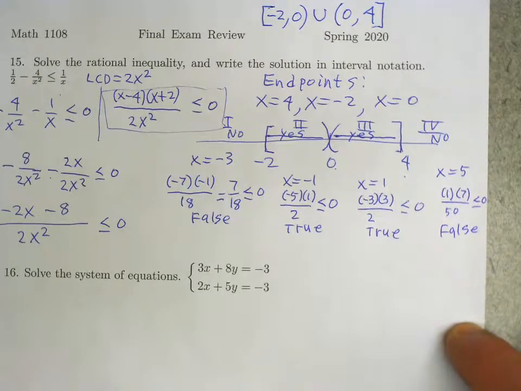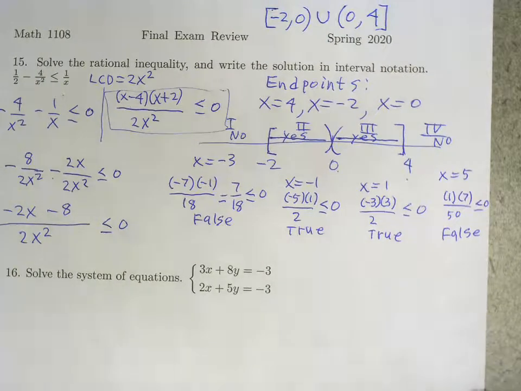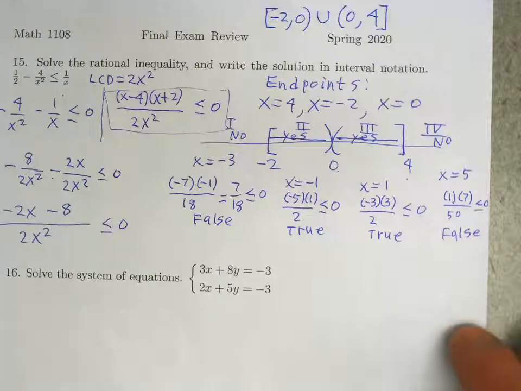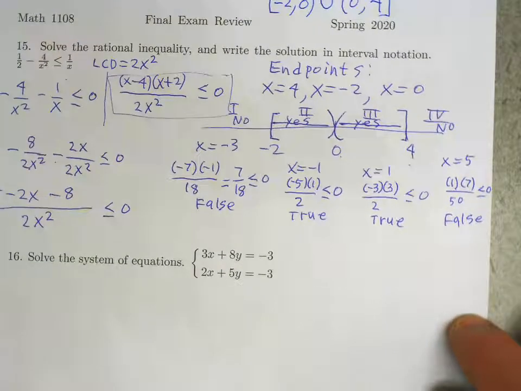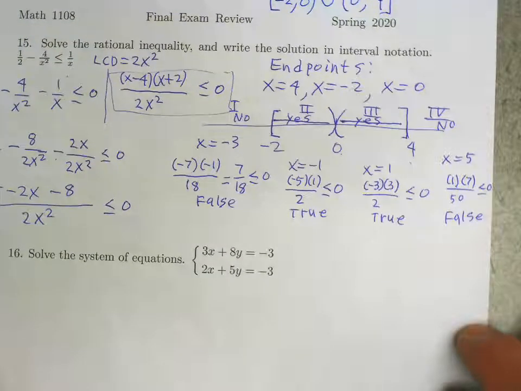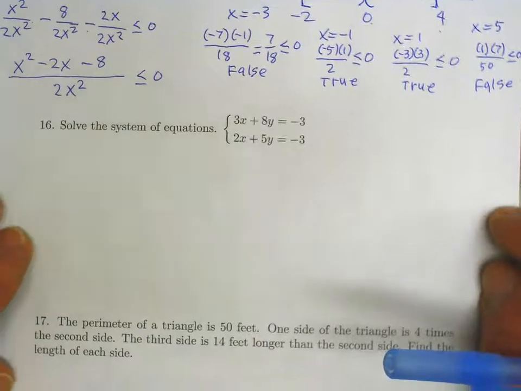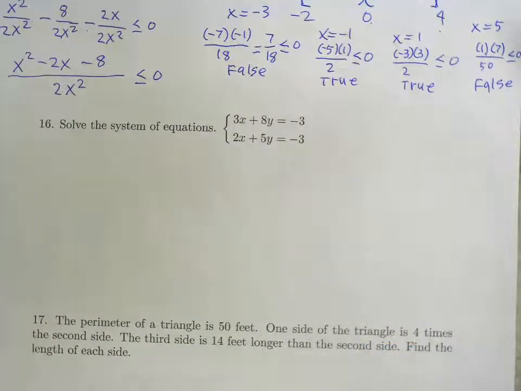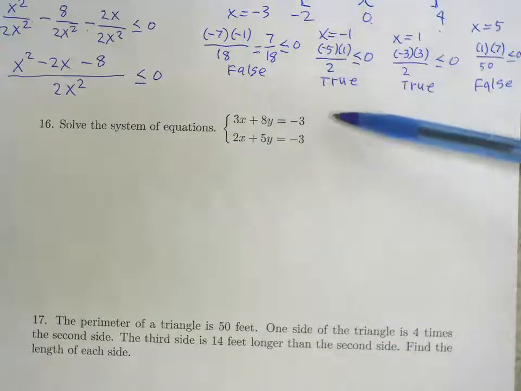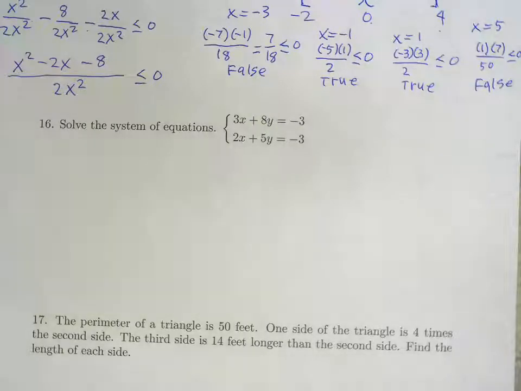Okay, the next problem is solving the system of equations. 3x plus 8y equals negative 3, and 2x plus 5y equals negative 3. We've seen a couple of examples. Well, 2 of the word problems involve solving a system of linear equations.